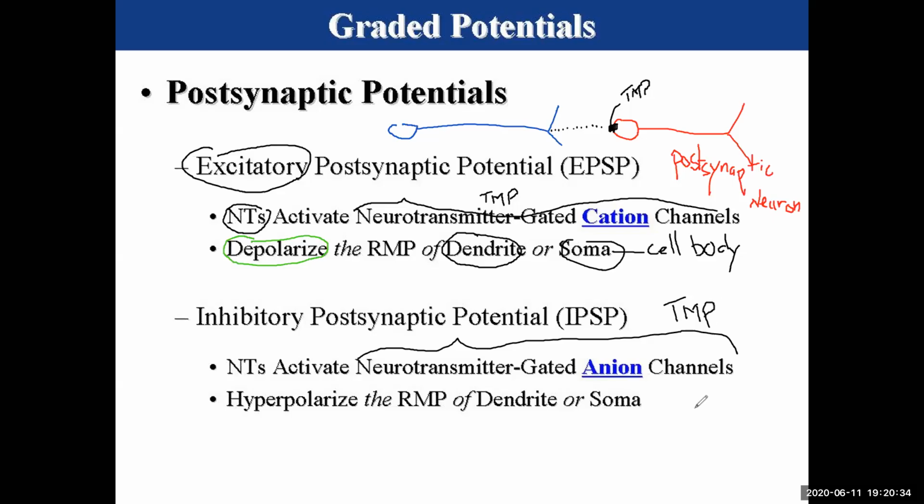There are channels, but they flux now anions, so negatively charged ionic species like chloride. Whereas the cations are positively charged ionic species.